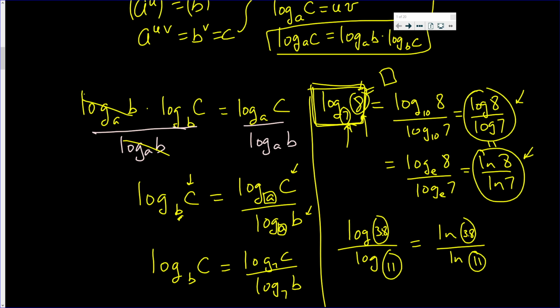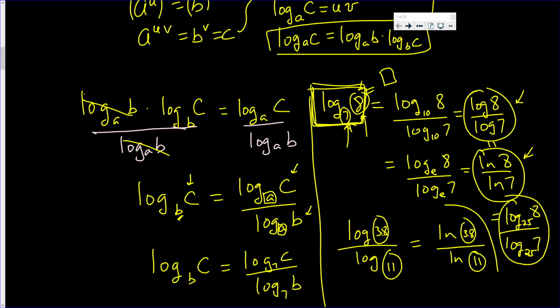But for the record, this here is also equal to log over log of 8 and 7. Pick the base of your choice. 25. Log base 7 of 8 is equal to log base 25 of 8 divided by log base 25 of 7.